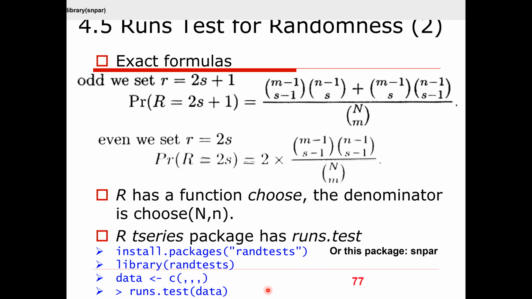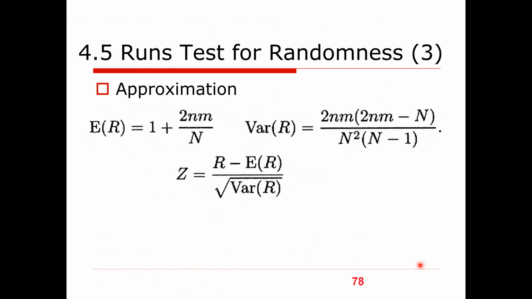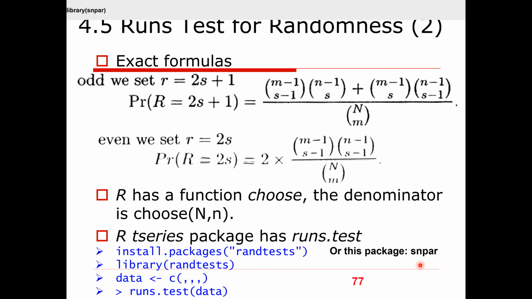The difference is, for runs.test in this package, we cannot get the exact p-value. All the values are asymptotic. But for the other package, you can define exact as false to get the exact p-value. Okay, approximation, because of the computational complexity of the equations here, right?